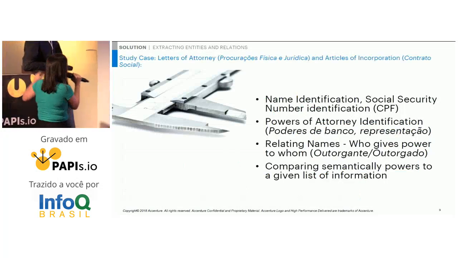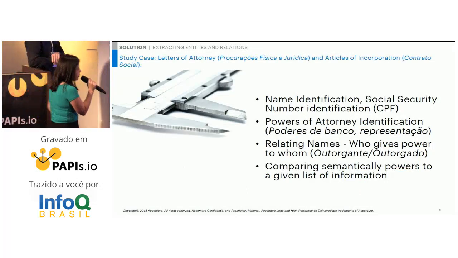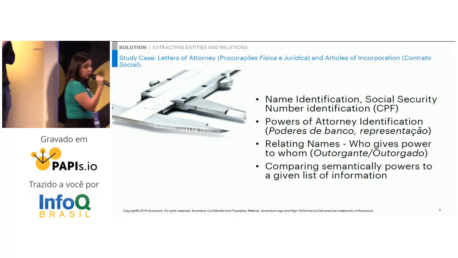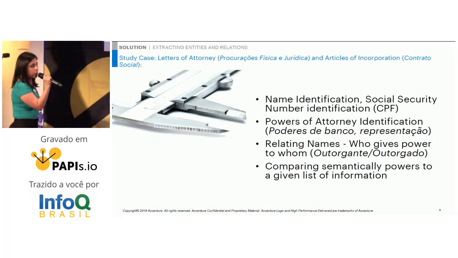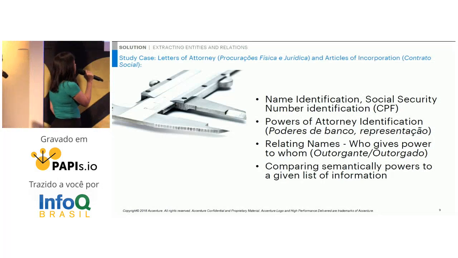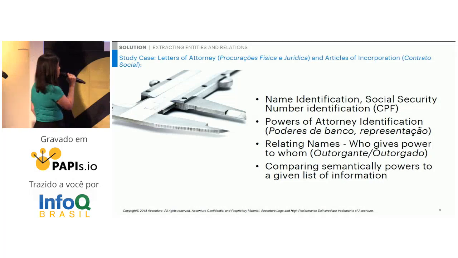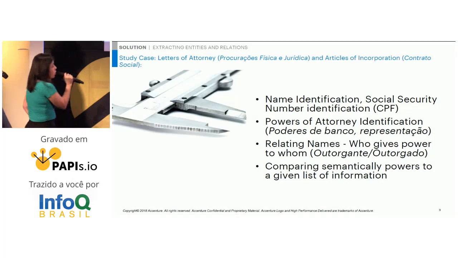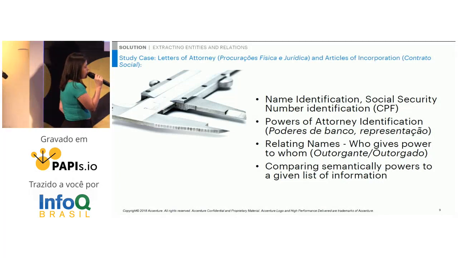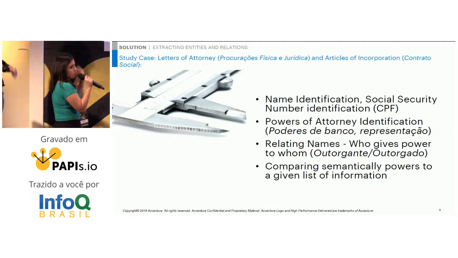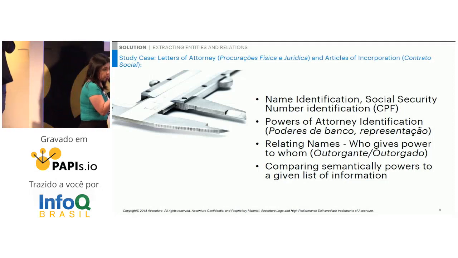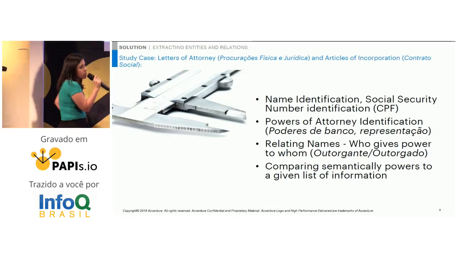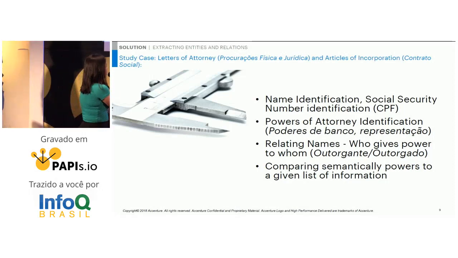Okay, so we had our case. We were coming up with this pipeline because we had something to do, a case study. We had letters of attorney, which in Portuguese are procurações física e jurídica, and articles of incorporation, contrato social. We did some research on the internet to make sure there were terms to translate into English, because we are dealing with Portuguese documents.